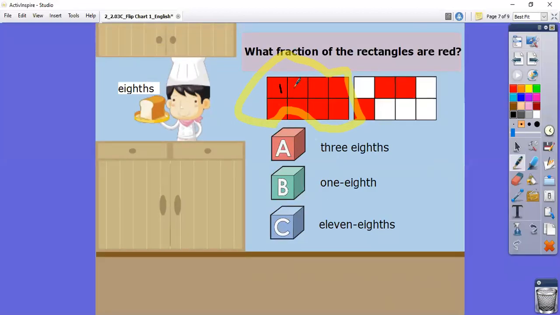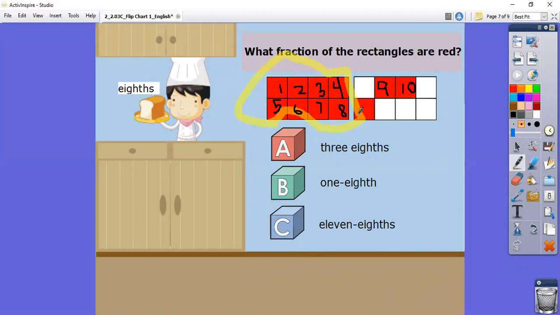Okay. So how many pieces do I have that are colored? 1, 2, 3, 4, 5, 6, 7, 8, 9, 10. I have 10.